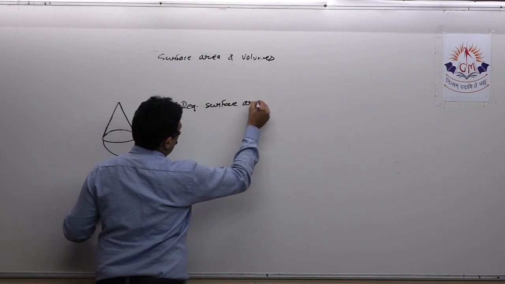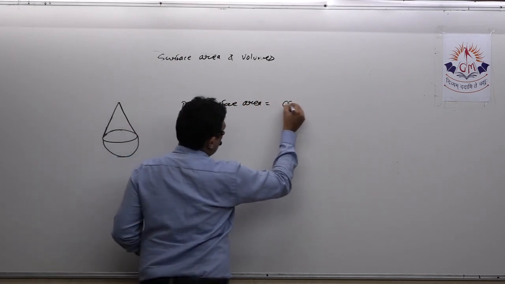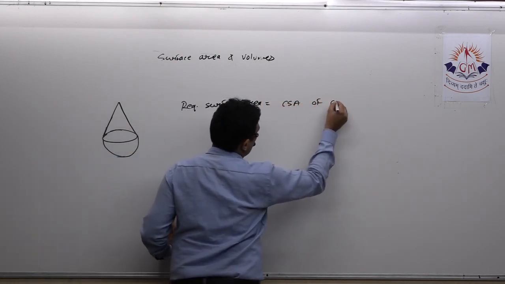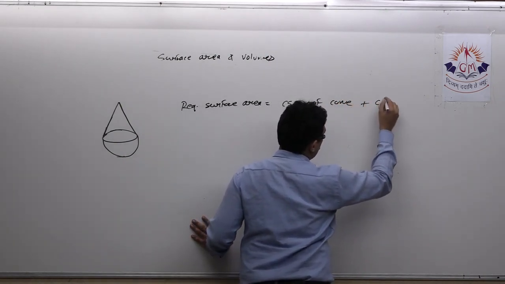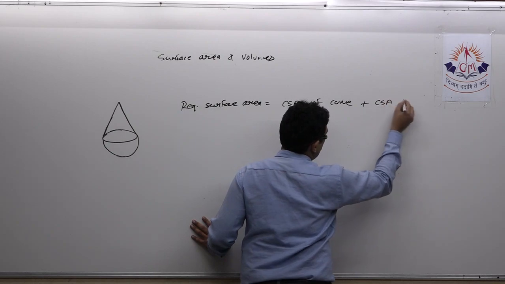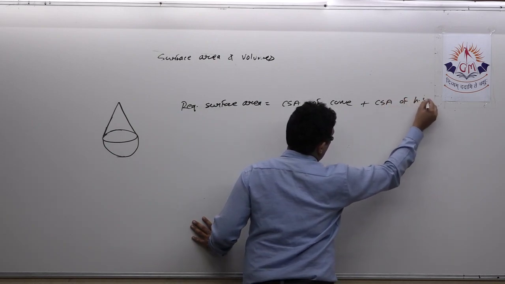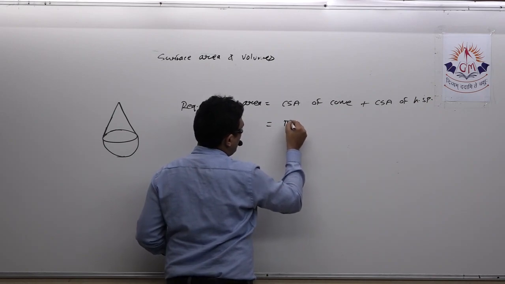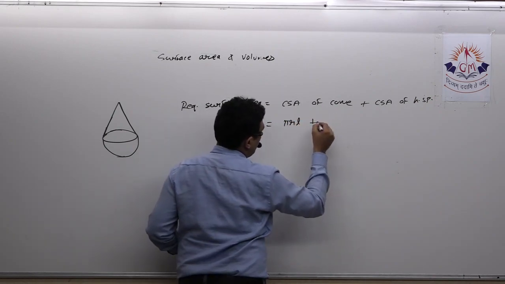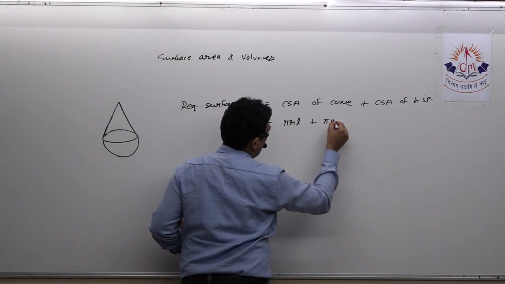Required surface area is CSA of cone plus CSA of hemisphere.